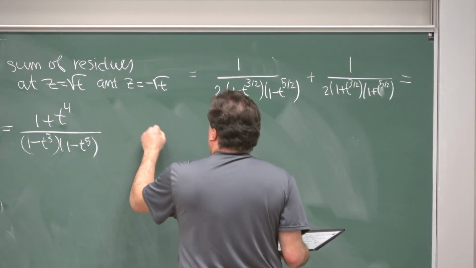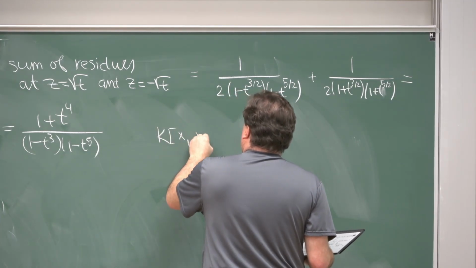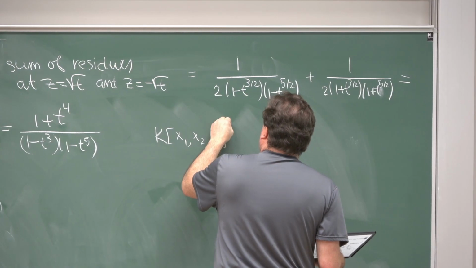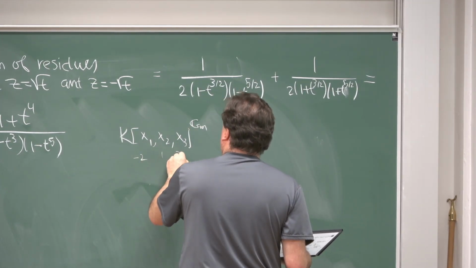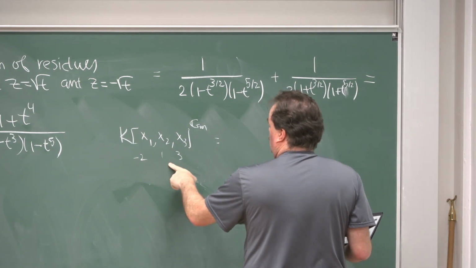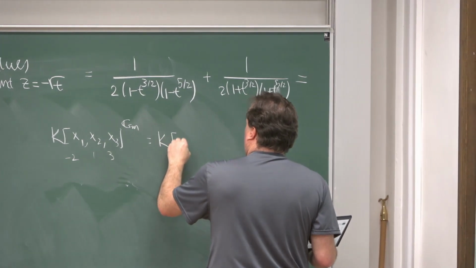Now, the invariant ring in this case, remember this has weights negative 2, 1, and 3. So you can take x1 x2 squared.